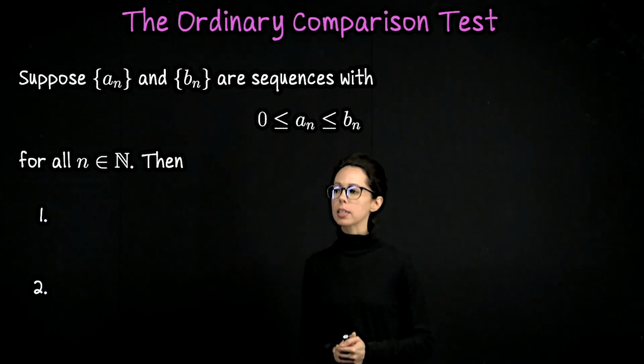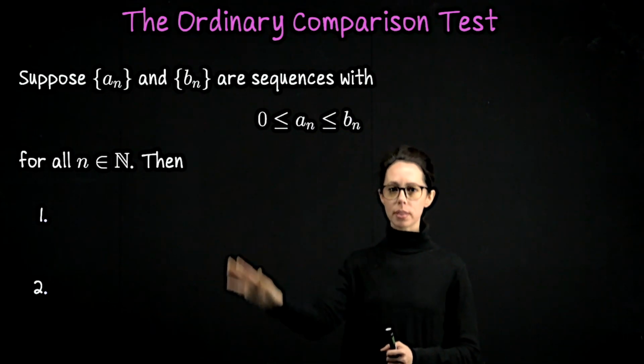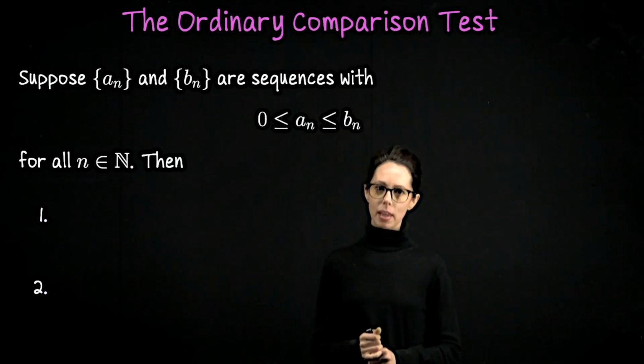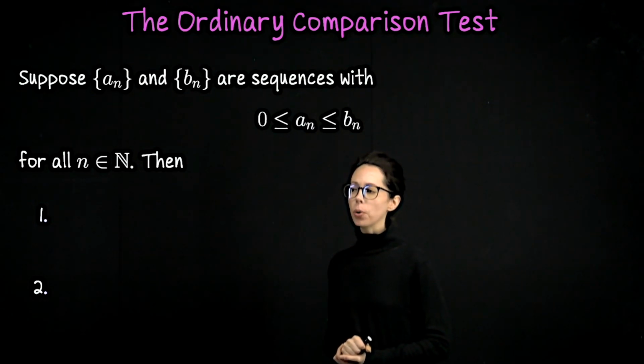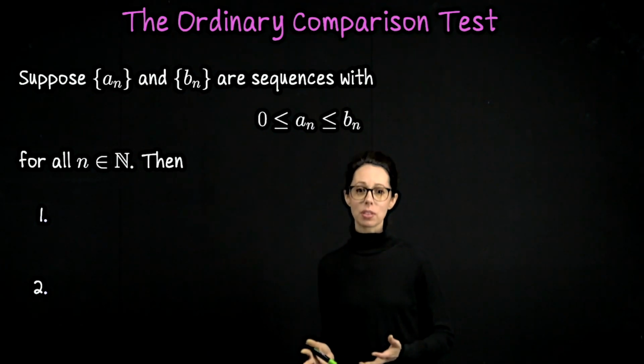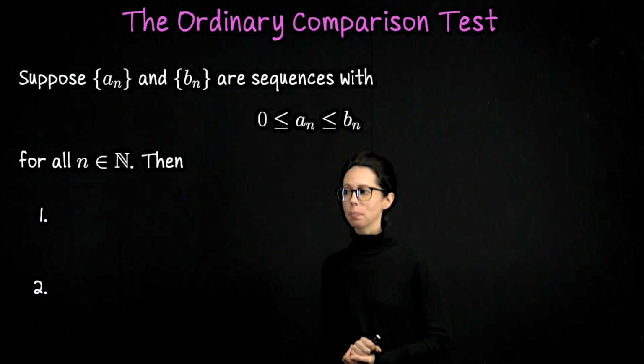The ordinary comparison test consists of two statements. The second statement is going to be a restatement of the first one. I'll show you what that means, but both of them give us results, so both of them are tests that we will apply.